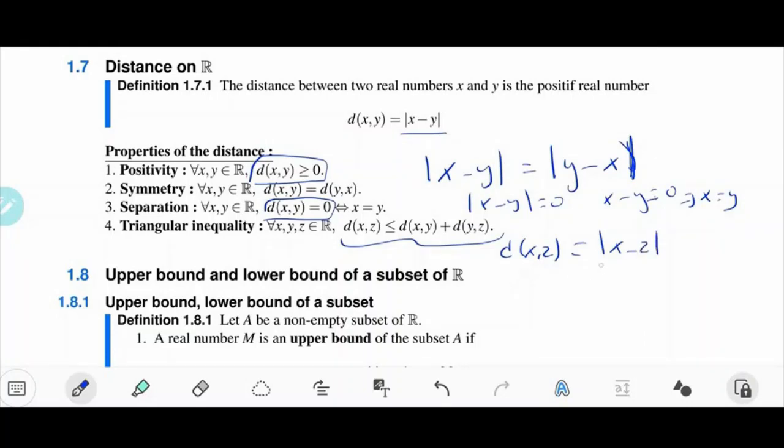Due to the triangular inequality, writing this as x minus y plus y minus z, I subtract y and then add y, it will be less than the absolute value of x minus y plus the absolute value of y minus z, because if I consider that this is the first number, big X, let's say, and this is big Y, the triangular inequality will allow me to write this. So this is how we prove it using the triangular inequality.